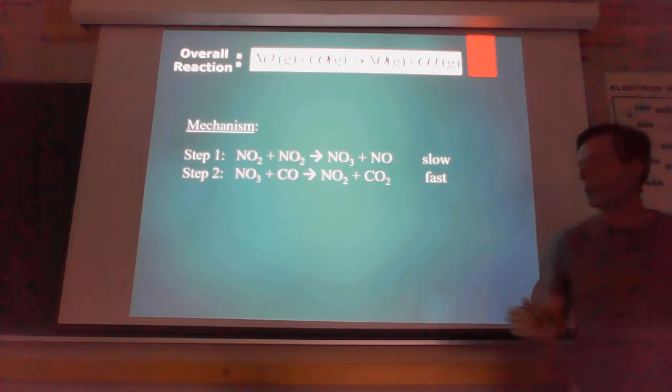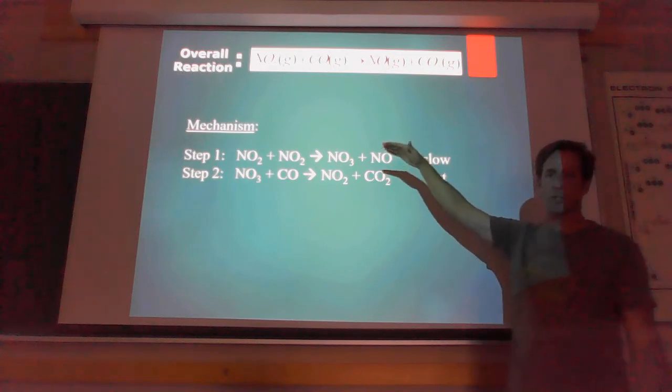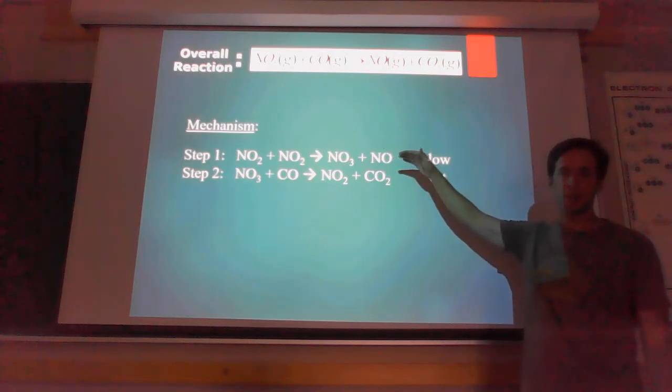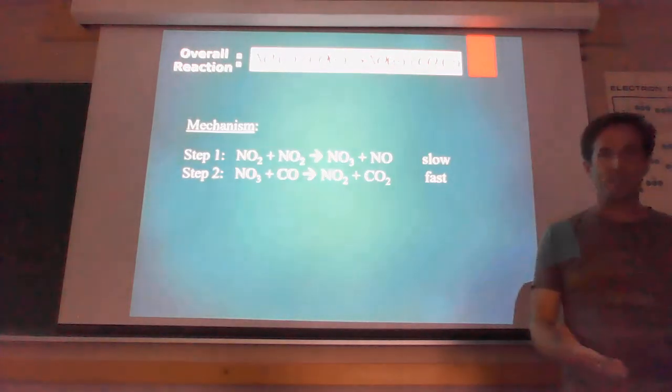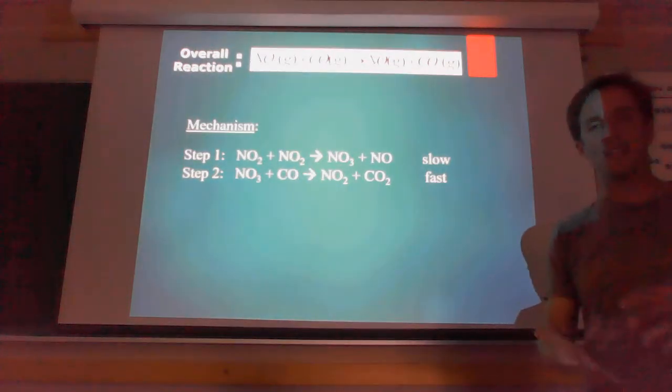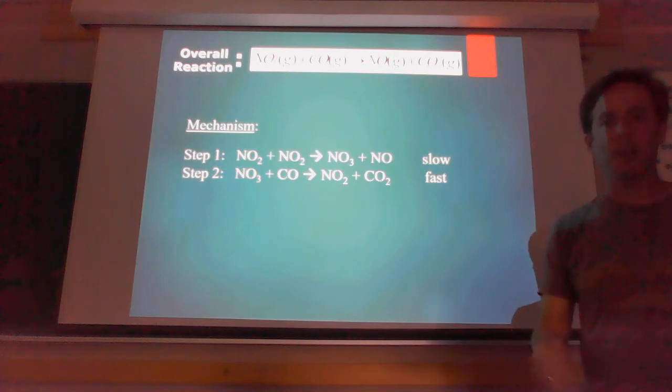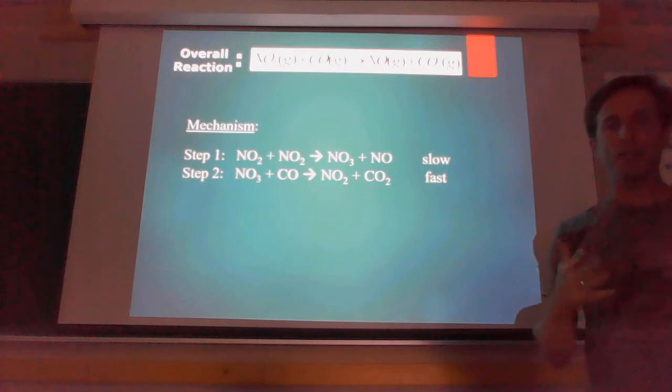So that's why the first step tends to be slow, because you're dealing with pretty stable compounds. And then when you get into the second, third, fourth steps, those steps tend to go faster because you have less stable species that exist at that point. Sometimes they're ions, sometimes they're radicals, which a radical is an atom or molecule that has an unpaired electron. But anything about it that makes it unstable is going to make it want to react faster.